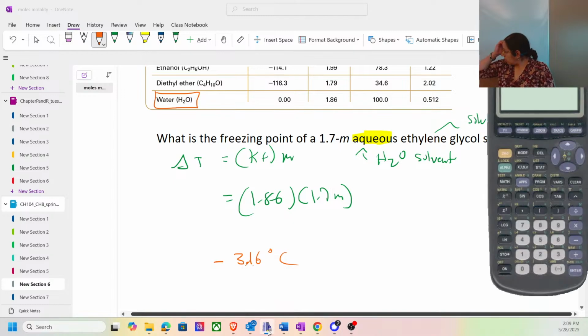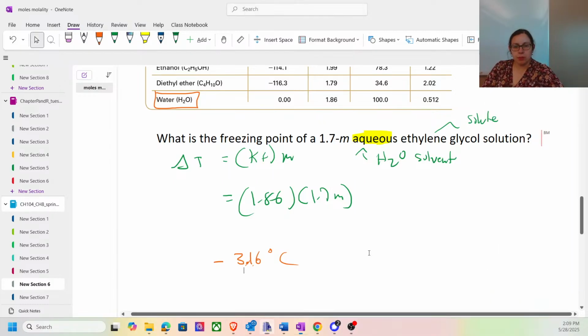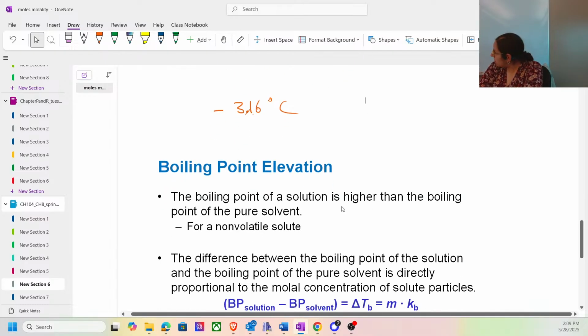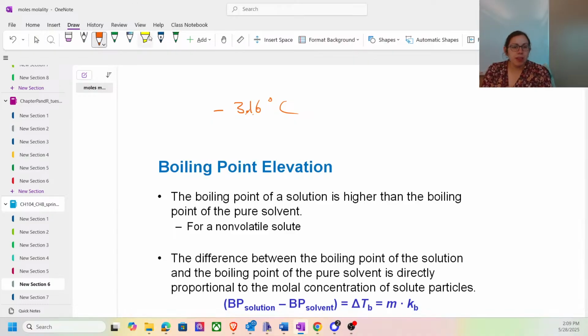So again, not too difficult. And it's pretty similar, except for boiling point elevation. The important part is this is only for the addition of a non-volatile solute, like a solid.